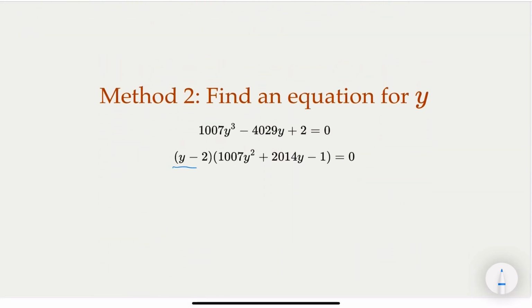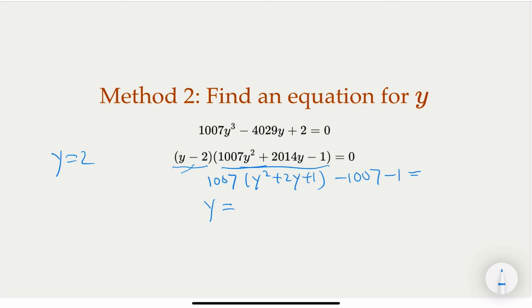This is how you would factor that. So you factor this, and from here you get y equals 2. From here you can complete the square by looking at the 1007, and then y squared plus 2y plus 1, and then minus 1007 minus 1 equal to 0.